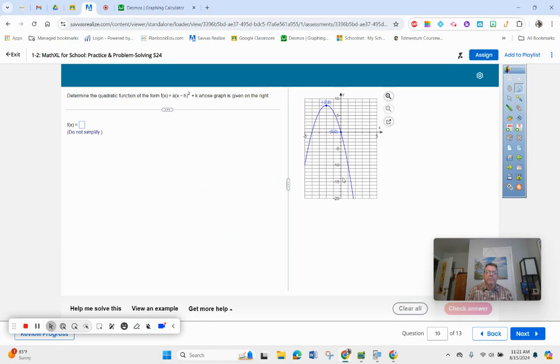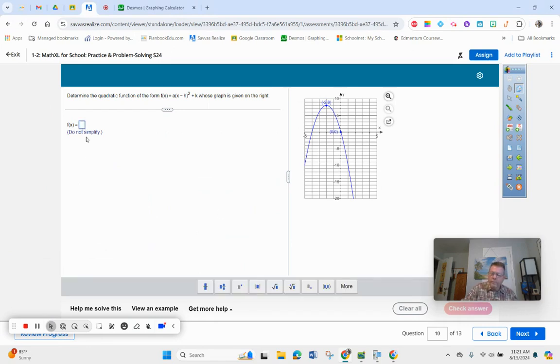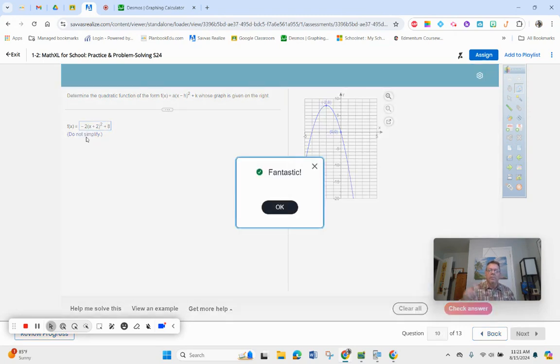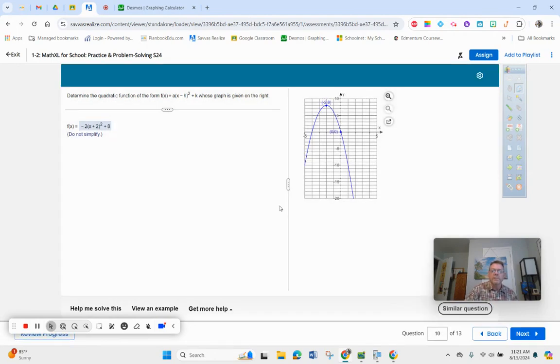So let me type it in. Negative 2, open parentheses, x plus 2, squared, right arrow to get out of the exponent, and then plus 8, and fantastic. Got it right. Cool beans.